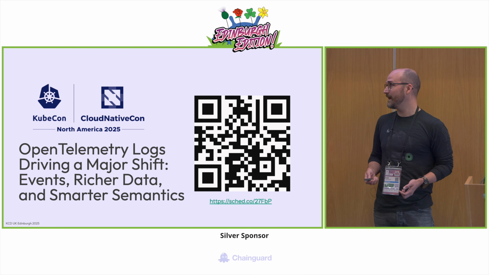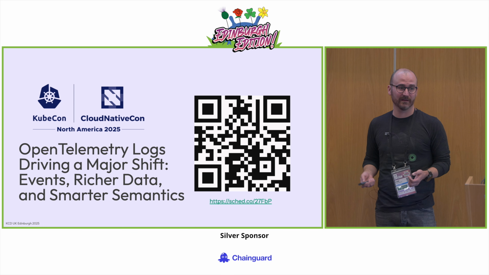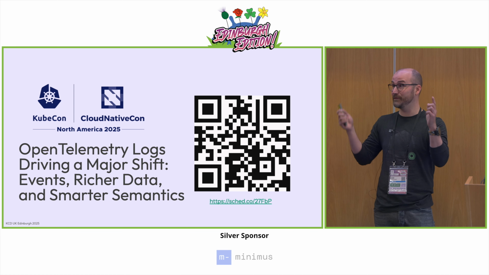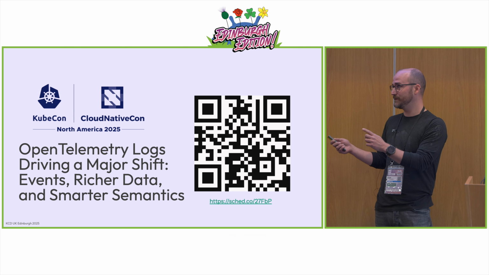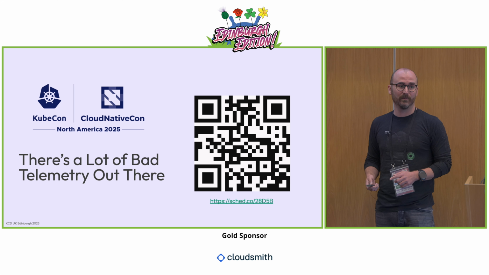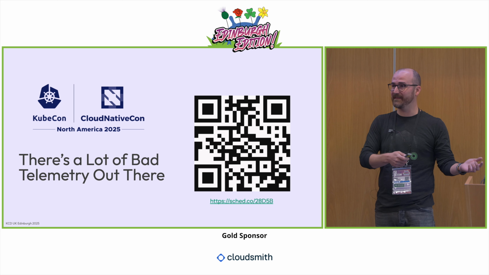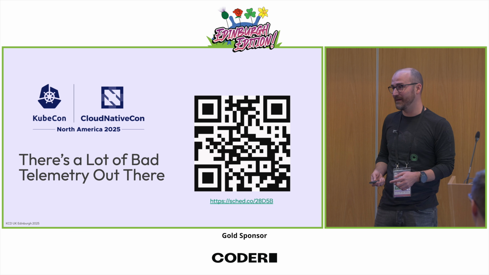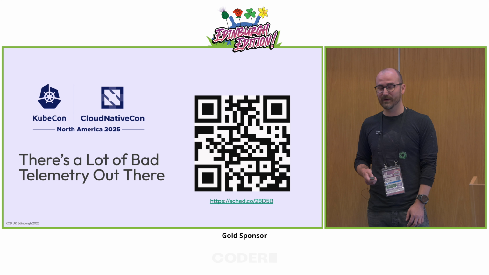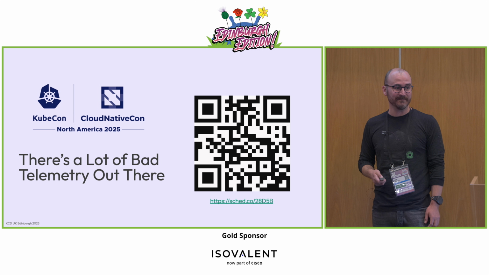Robert will be talking at KubeCon about logs. If you are at KubeCon Atlanta in a few weeks, please go and see Robert's talk. I will also be talking about the bad side of this. There's a lot of bad telemetry out there, so how do we make it better? With Jurasi, one of my colleagues from the OpenTelemetry Governance Committee.